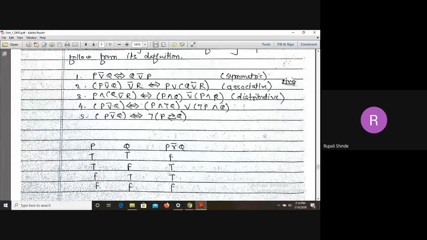For the first, the value of P is T. That's why P and negation Q, because the value of Q is F here. So this is the first bracket, or negation P and Q. Again, P is F here. That's why negation P and Q. So this formula is built up from this truth table.